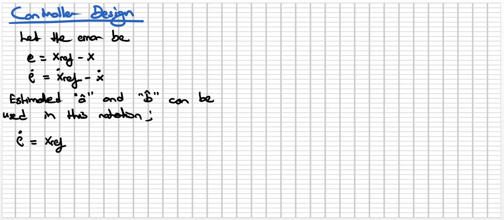The x ref dot minus A hat times x square. So it should be plus in here, because the A hat has a negative term in here, and also minus B hat times U. This is an important point to realize your estimator in here, and also the controller design, because if we don't have the physical parameters of A and B, we can only utilize the A hat and B hat values in here. And so also we should define a Lyapunov function in here.